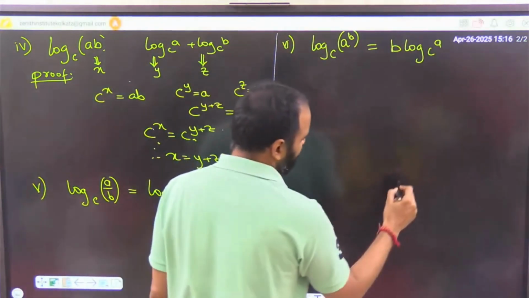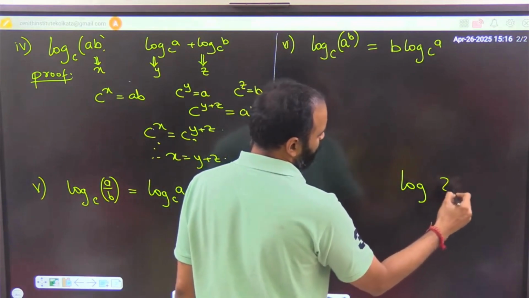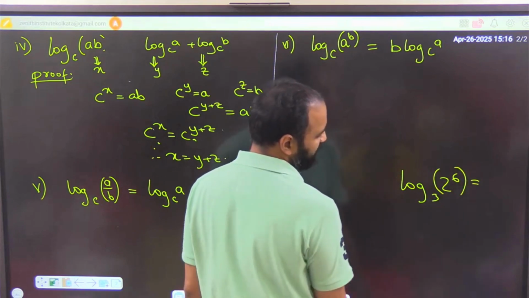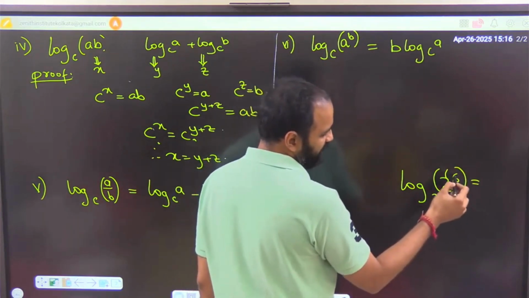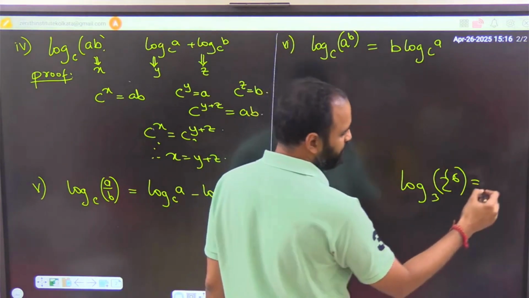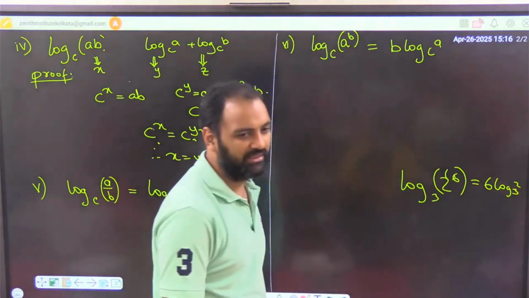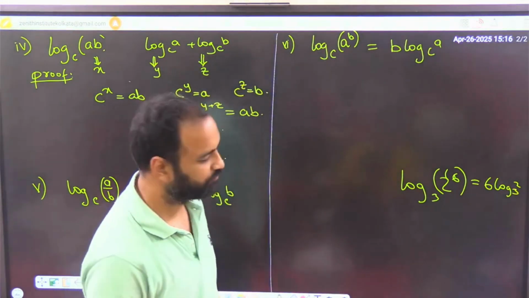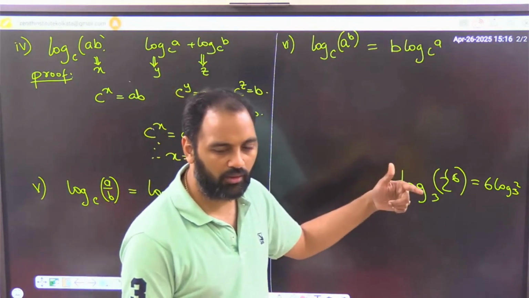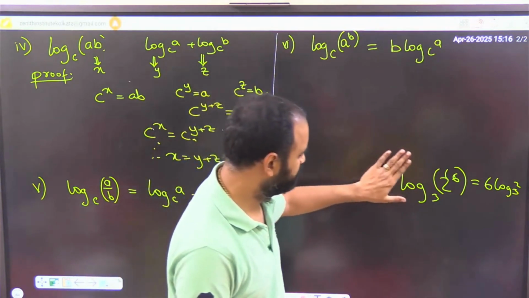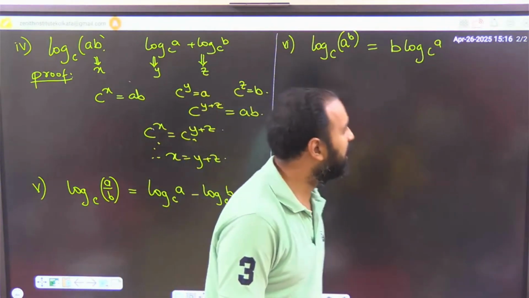That's like saying if we have log of 2 to the power 6 to the base 3, what can we write this as? This power 6 will jump out. So you take 6 log 2 to the base 3. Any power in the number will jump out and comes out in the numerator.